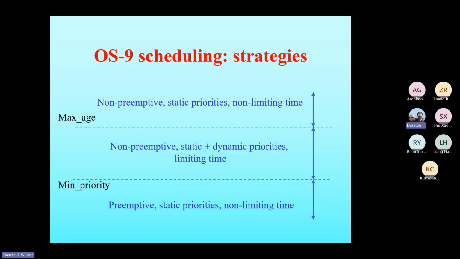We have priority with static and dynamic priority, but we limit the time for which a process gets the processor. Below mean priority, we have preemptive with static priorities and no time limit.